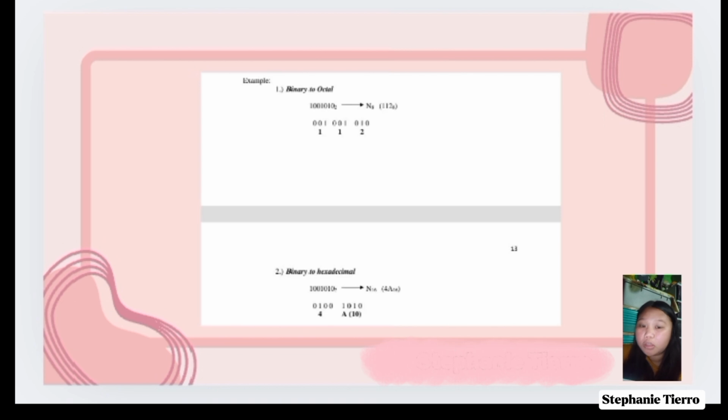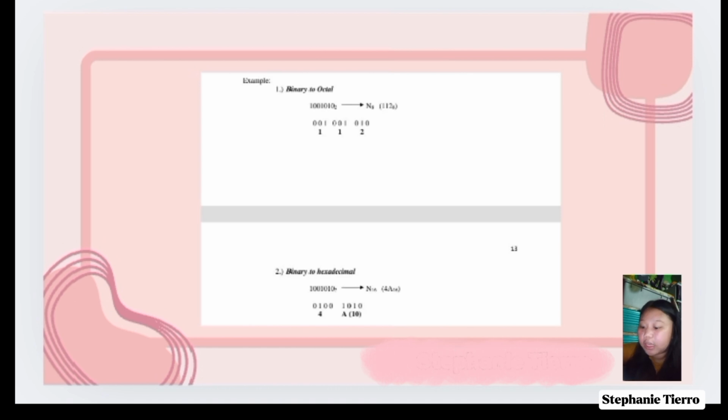And sabi doon, mag-add daw ng zeros sa left side para makumpleto yung groups. Mag-add tayo ng 2 0. Pagkakuha niyan, bring down natin. Pagka-bring down natin is ilalagay natin dito sa may 1, 2, 1, 2, 1, 2.